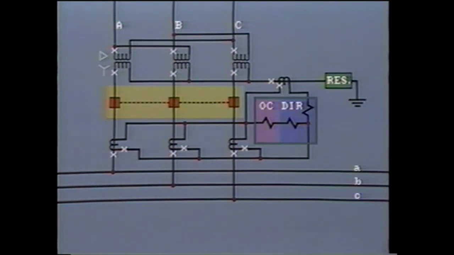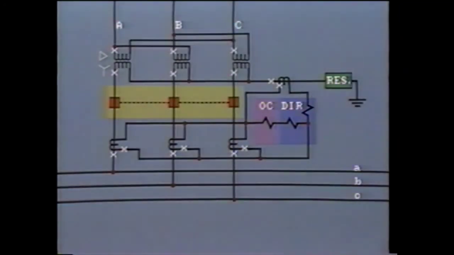Another method of achieving ground fault protection for transformers is by the use of a directional overcurrent relay connected differentially. It consists of two units. The overcurrent unit's operating coil is connected across the line CTs. The directional unit has two coils, and when current flow is correct, it allows the overcurrent unit to operate.